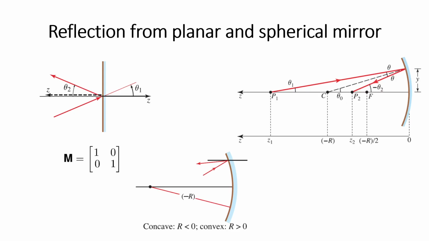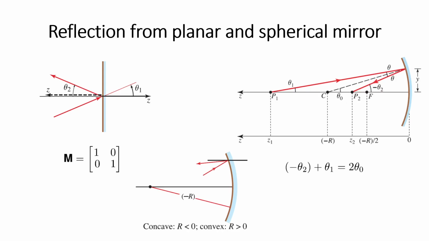Therefore, I can write theta 0 equals theta plus theta 1. Also, angle minus theta 2 is an external angle for the second triangle. Therefore, I can write minus theta 2 equals theta 0 plus theta. If we add these two equations, we get minus theta 2 plus theta 1 equals 2 theta 0.